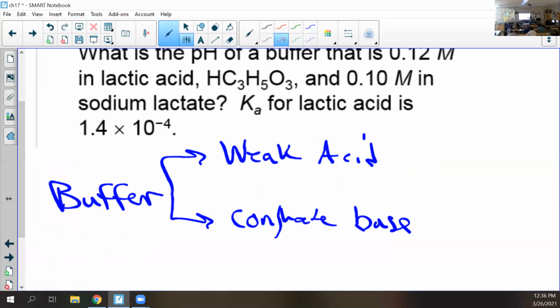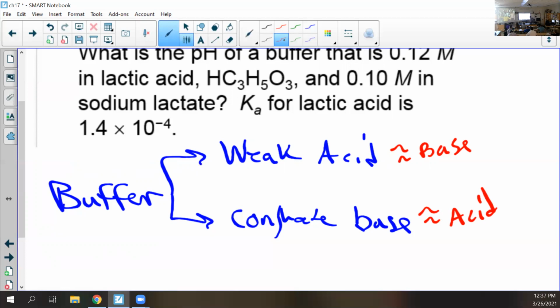The weak acid neutralizes a base, and the conjugate base will neutralize an acid. If the solution can do both, we call it a buffered solution.